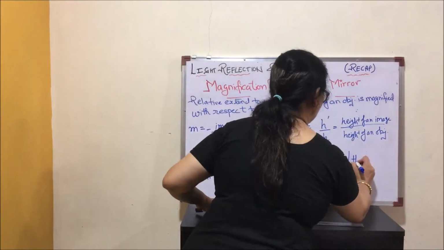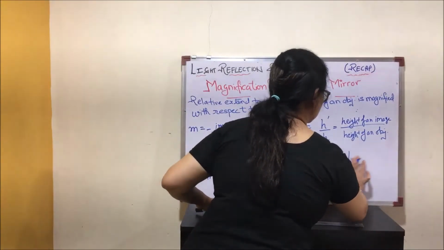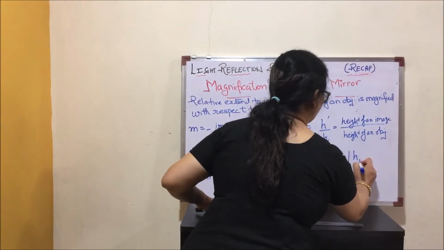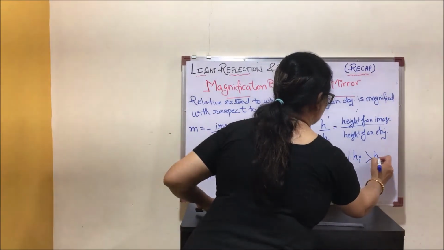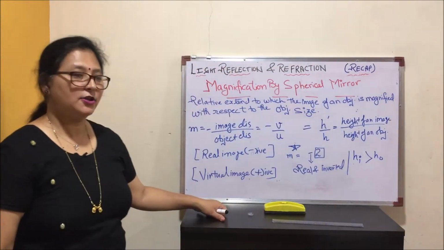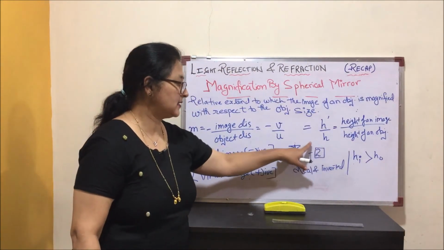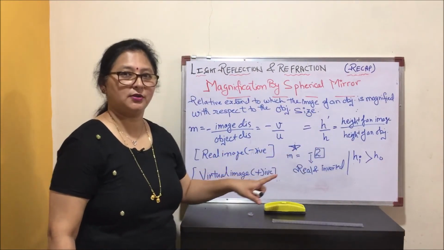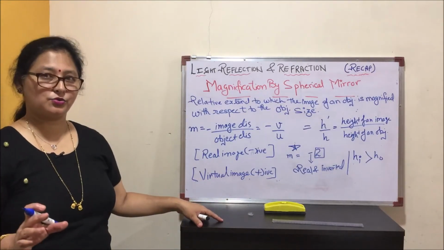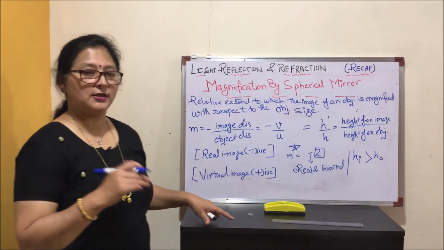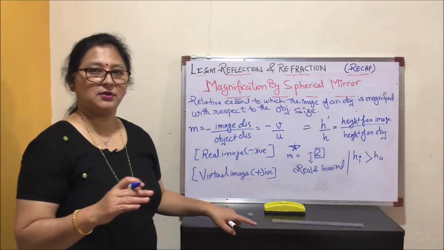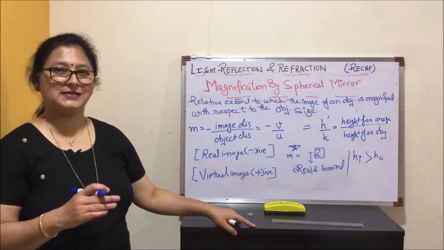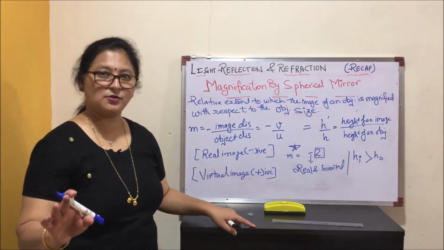Here, height of image, hi, is more than height of an object. Clear? So, please don't consider minus 2 as a single unit. Don't consider that it is minus 2, so it is less than 1. So the height of the image should be less than the height of an object. No, it is not like that.